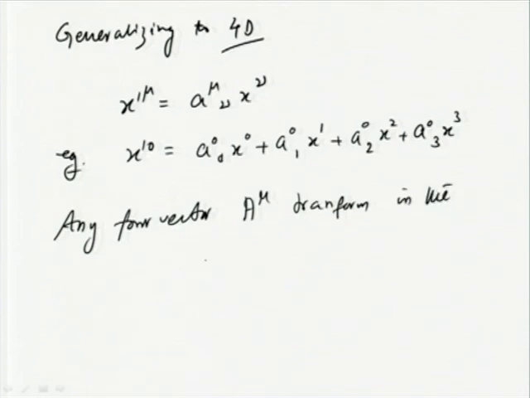In fact, in the same manner, under a particular spatial transformation, a coordinate transformation, if x^μ changes to x'^μ, which is equal to a^μ_ν x^ν with a particular set of a^μ_ν, then any object that transforms in that way with the same set of a^μ_ν is a vector.